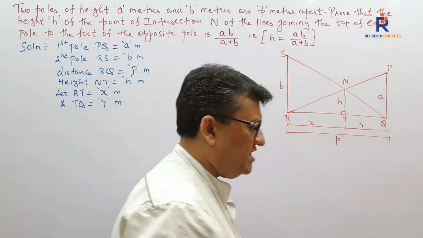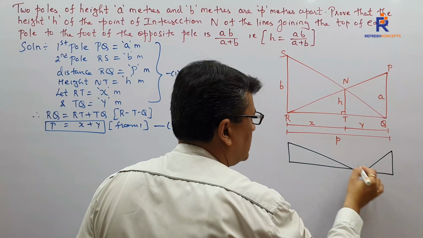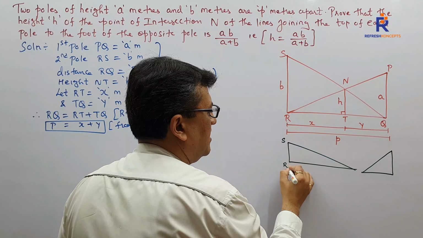Children, I just want you to demerge this one. Can I say this is what I would like to talk about? It is triangle SRQ and then triangle PQR.